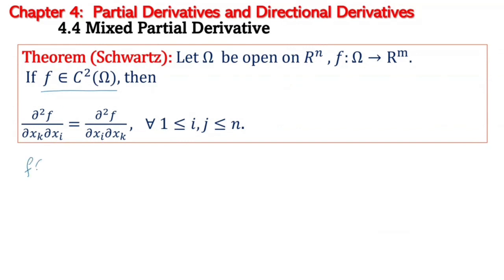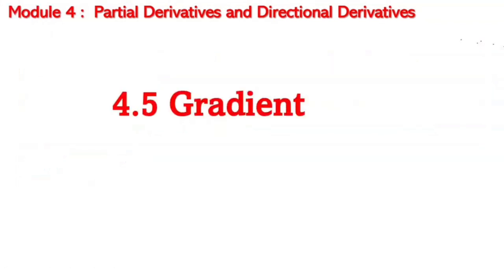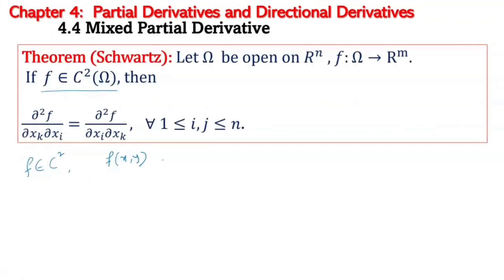Therefore, if f belongs to C2 and f is a function of two variables x, y, then ∂²f/∂x∂y will be equal to ∂²f/∂y∂x, provided the function belongs to C infinity. So if it belongs to C infinity, then they are equal. And this theorem is known as the Schwarz theorem.